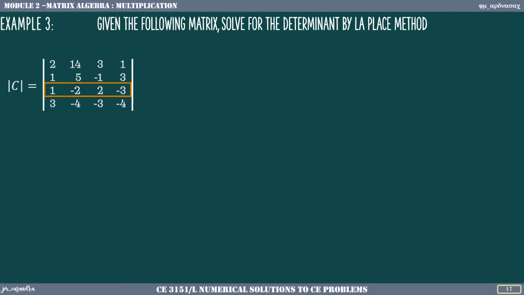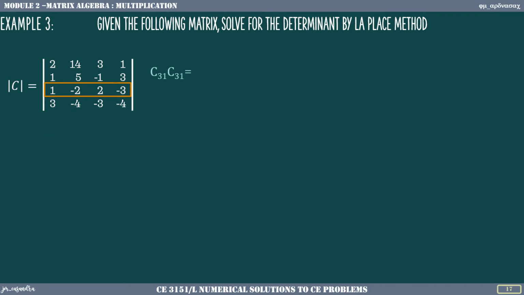We'll now be solving for the product of C31 times the cofactor of 31, the element 32 times its cofactor, element 33 and its cofactor, and element 34 times its cofactor. Okay?